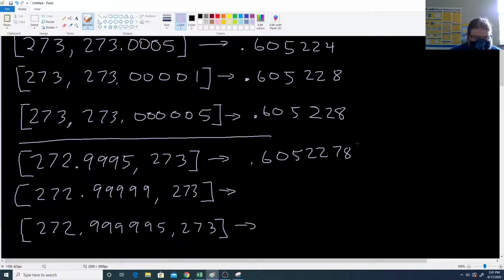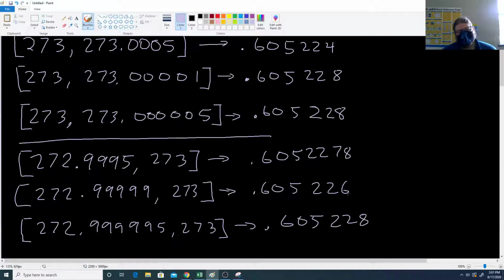That gives me back 0.605226. What about 272.999995? That gives us back 0.605228. So the left and the right hand are approaching the same thing. They all agree on 0.605228.